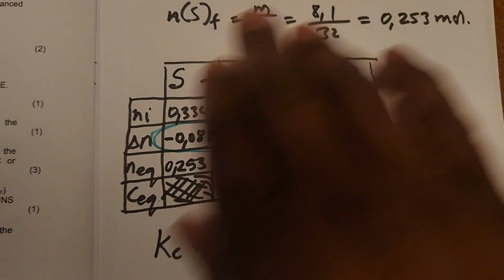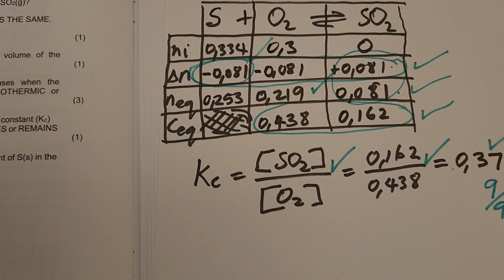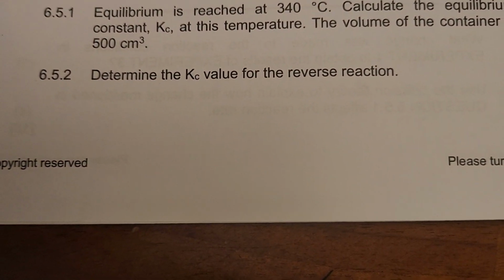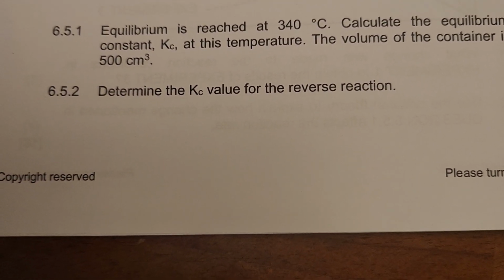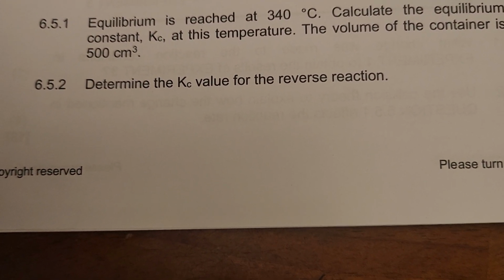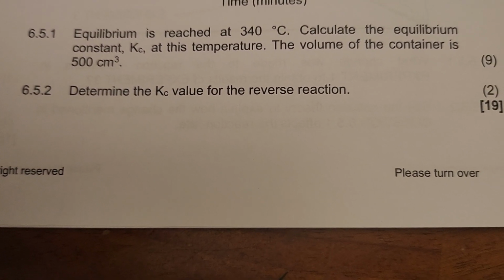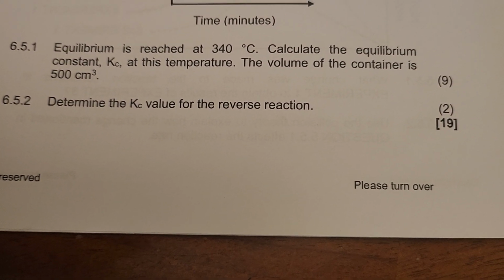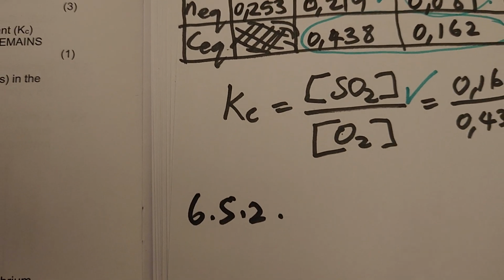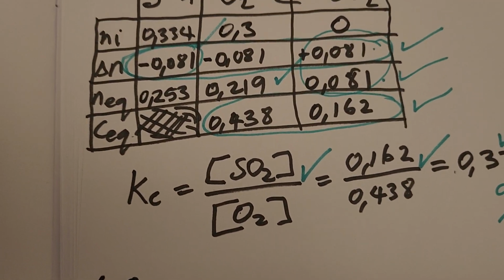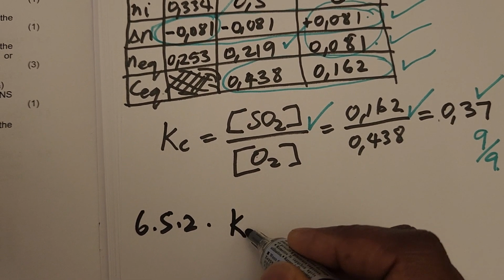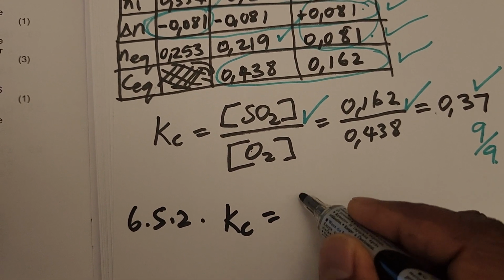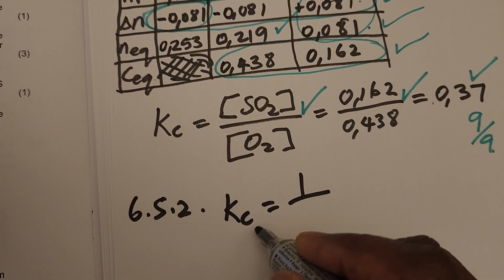Thank you. And then let's go to the last question in this. They say, once you have determined the Kc, can you in 6.5.2 now determine the Kc value for the reverse reaction? This is very simple. The Kc value for the reverse reaction is the reciprocal of the given Kc, and that Kc for the reverse will be 1 over Kc for the forward.